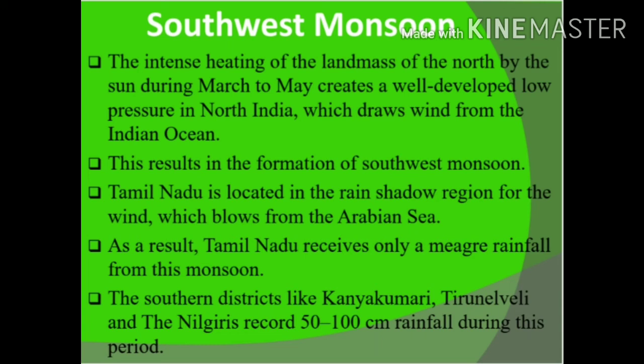However, the southern districts of Kanyakumari, Tirunelveli and Nilgiris record 50 to 100 centimeters of rainfall during this period. The southwest monsoon starts from Kerala, enters the western part of India and reaches the Himalayas. That is about the southwest monsoon.